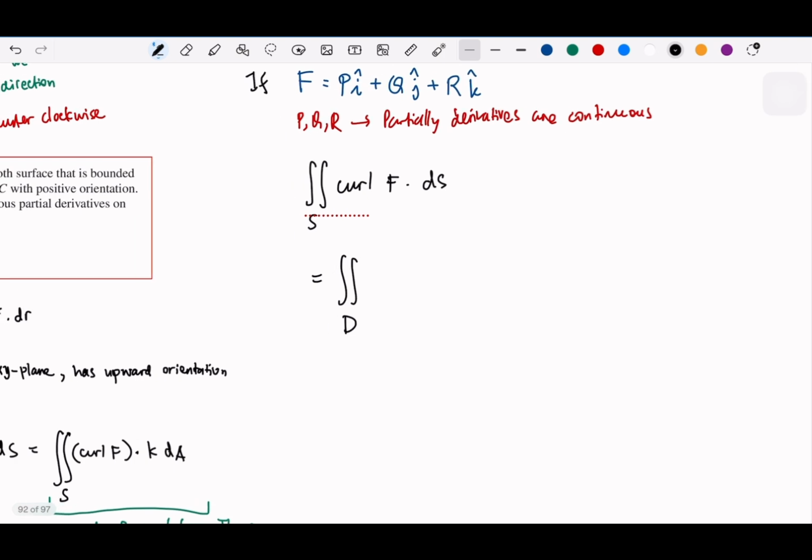And then we have the negative. I will skip the cross product steps. This is the result, the del cross F.